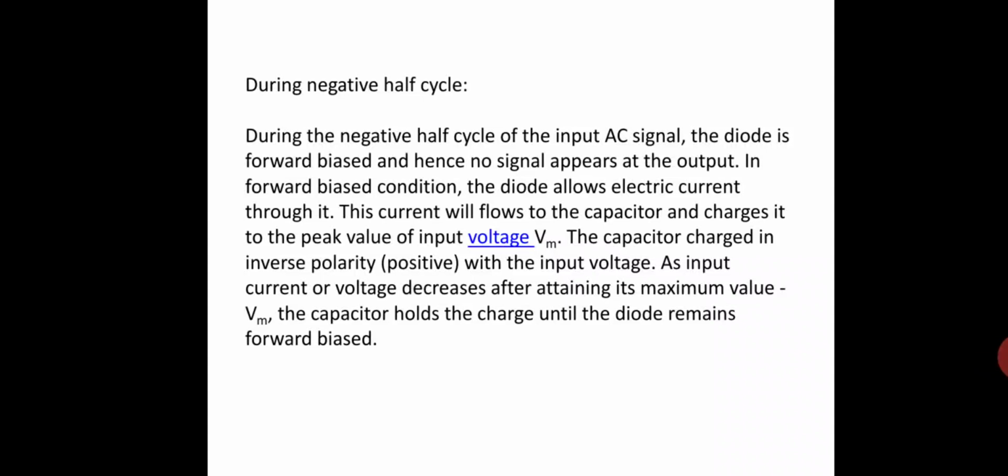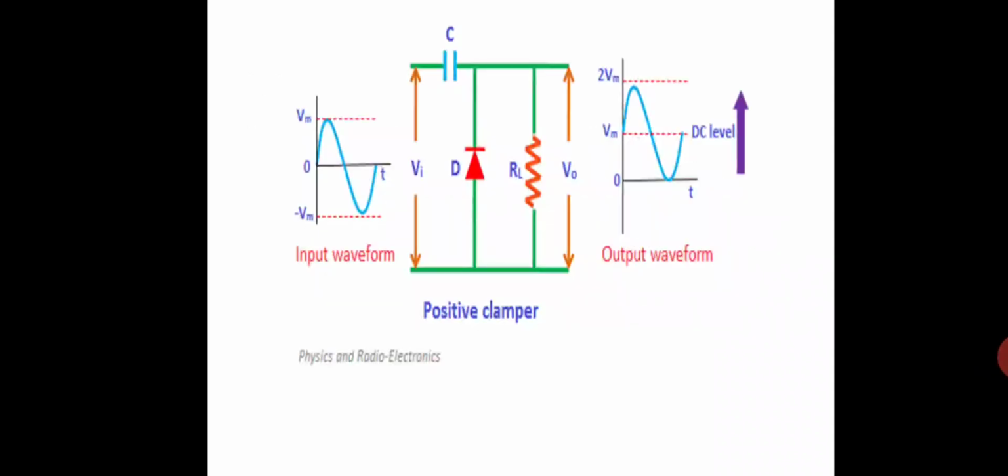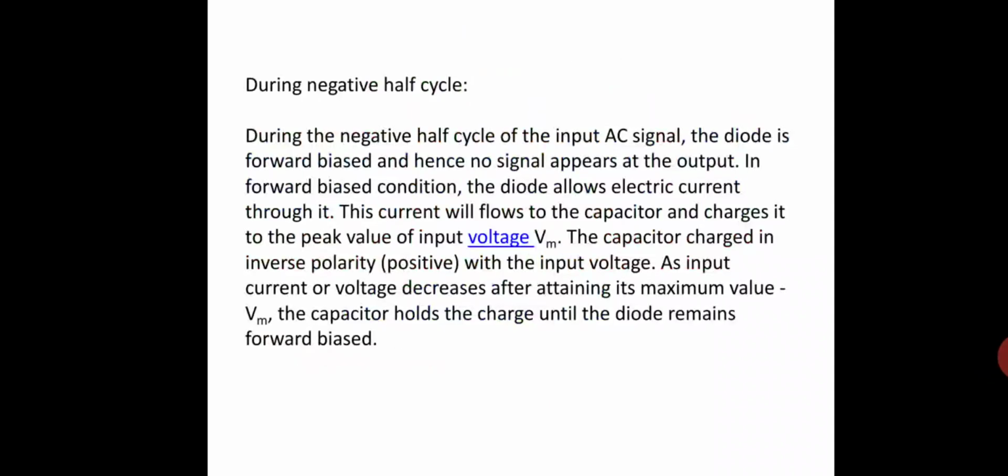At first the diode is forward biased, so we take the input according to the diode. In this circuit the diode conducts on the negative cycle, so we start with the negative cycle.